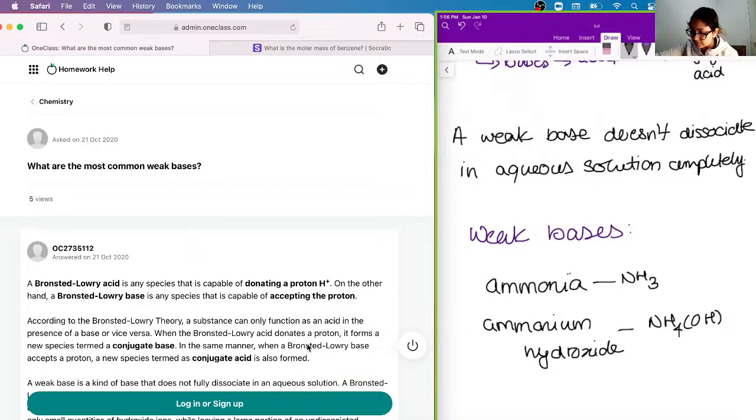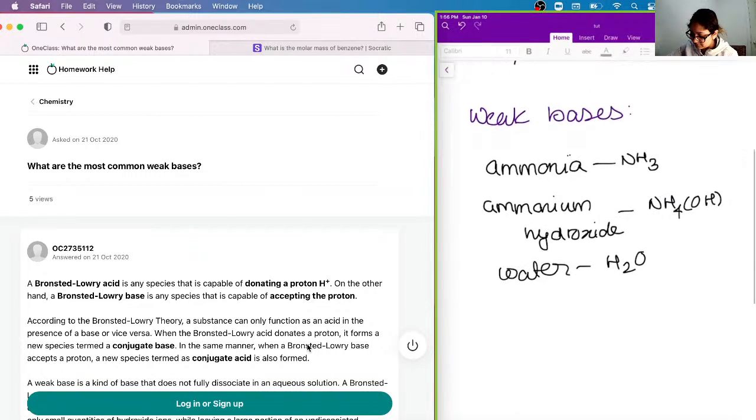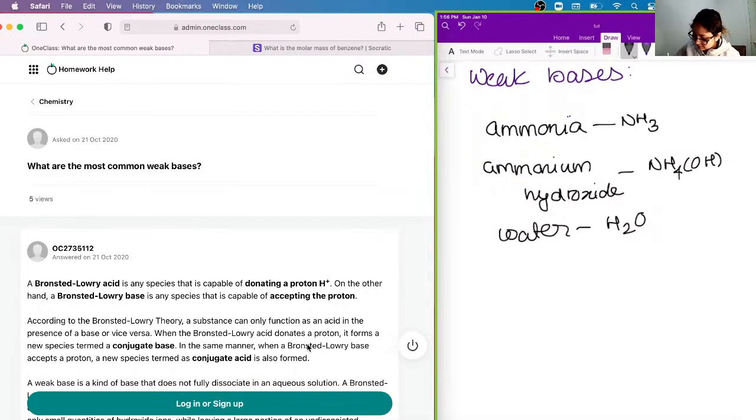In some cases, water is also considered a weak base. And basically, your conjugate bases of weak acids. So this is one important one. So conjugate bases of weak acids.